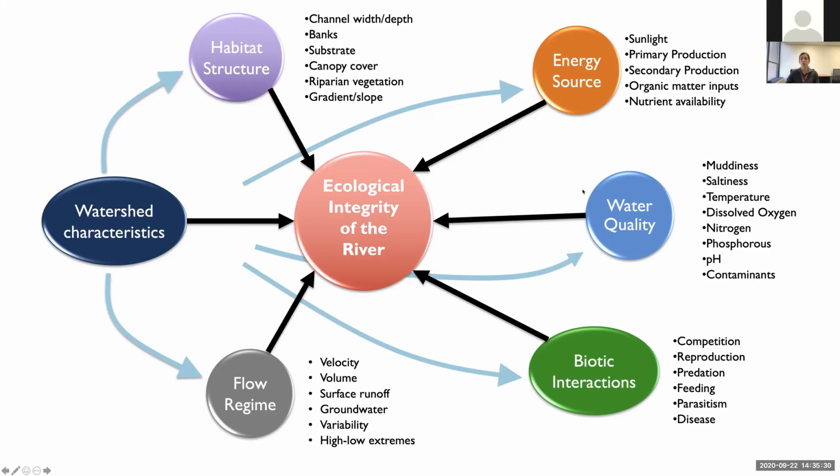And the quality of the water can be evaluated by measuring a variety of factors, including how muddy or salty the water is, the water temperature, dissolved oxygen, nutrients, pH, and contaminants. And using these water quality measurements, we can determine if they're too high to maintain the ecological integrity of the water, which can lead us to designate that section of the waterway as impaired.